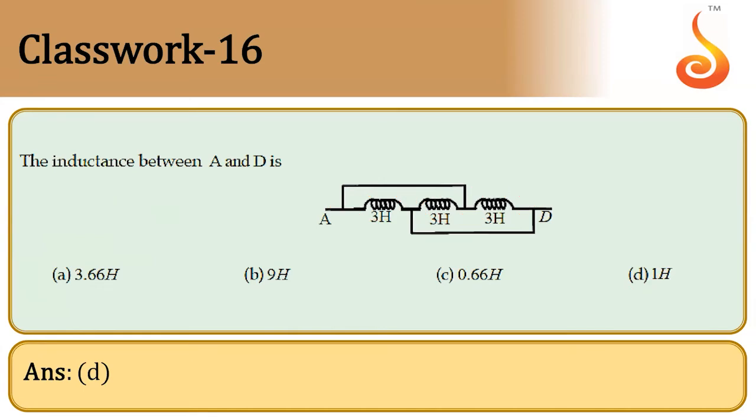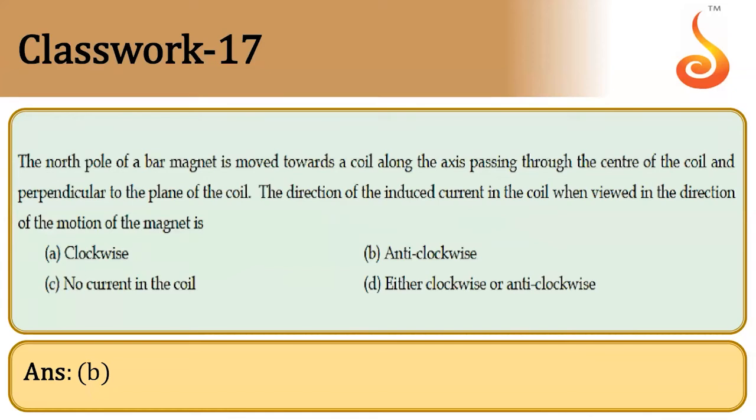Next, the north pole of a bar magnet is moved towards a coil along the axis passing through the center of the coil and perpendicular to the plane of the coil. The direction of induced current in the coil, when viewed from the direction of the motion of the magnet, is anti-clockwise.